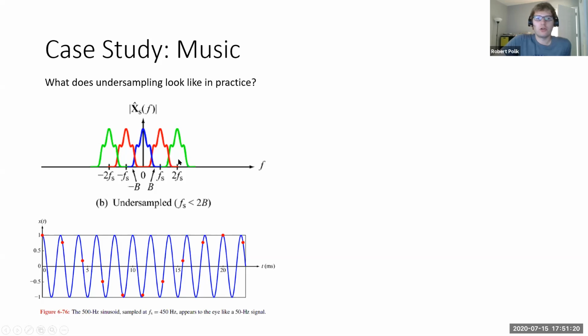So your 500 hertz peak is going to move, if the sampling frequency is 450, to 950 and 450 more than that, and on. But it's also going to move backwards to 50 hertz. And so that's what you're doing. And if you apply a low pass filter to this, it's going to spit out this 50 hertz function. So this is what happens when you undersample your signal.